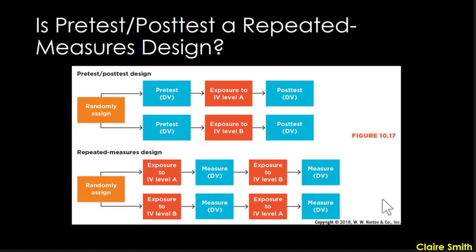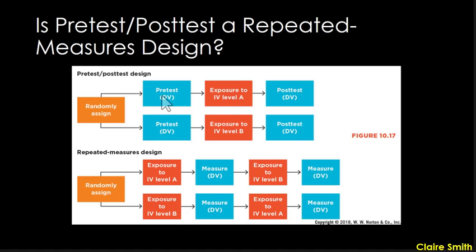Is a pretest/posttest design a repeated measures design? The answer is no. In pretest/posttest, you're measuring the dependent variable more than once, yes. But in a repeated measures design, you have exposure to all levels of the independent variable.